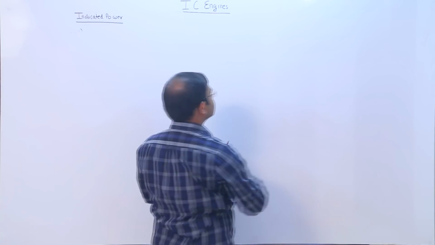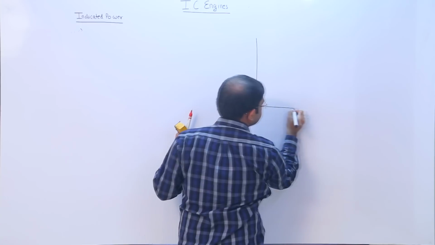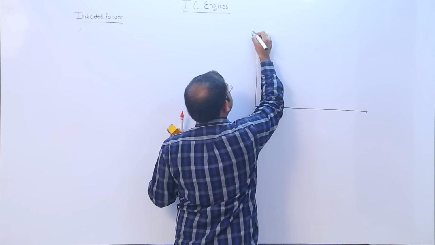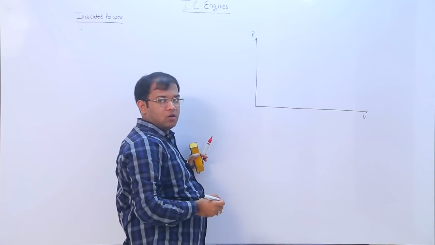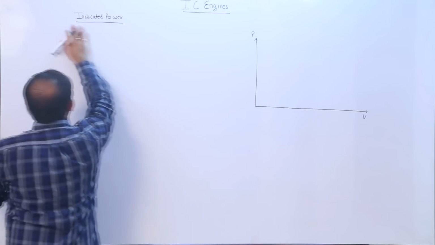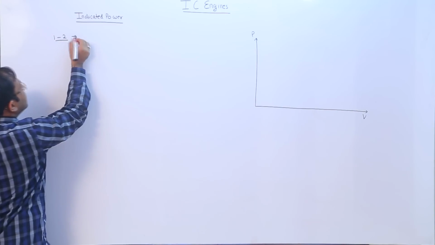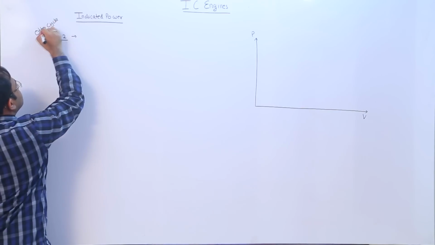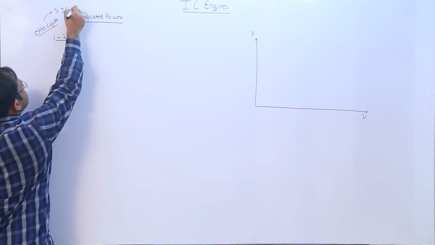Now see students, let this be our pressure axis, let this be our volume axis, and here we know that our first process 1 to 2, we are talking about Otto cycle, that means your SI engines.